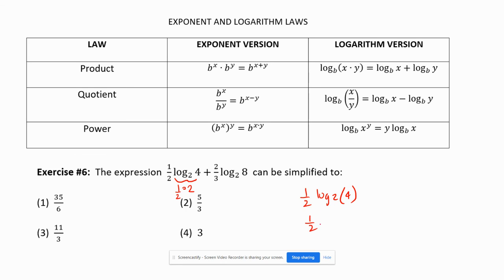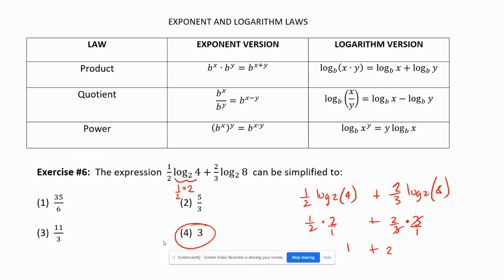So that's 1/2 times 2, because 2 to the second power is 4, plus 2/3 log base 2 of 8. So 2/3, what's log base 2 of 8? 3, because 2 cubed is 8. So then we cancel this out. 2 cancels out. This is like 1/2 times 2 over 1. That's just 1, plus 2/3 times 3 over 1. These cancel out. So this is just equal to 3.